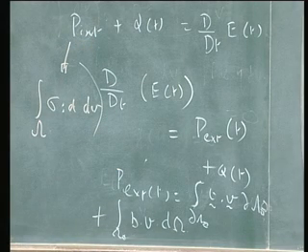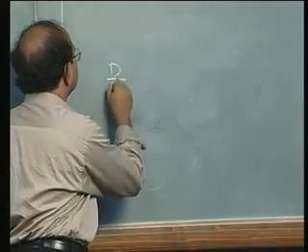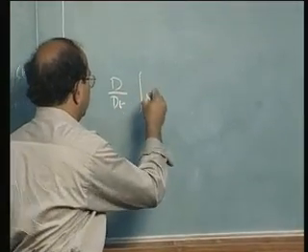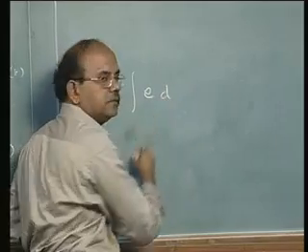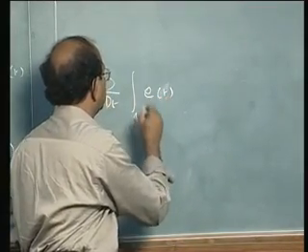First let us write this down: E in terms of d by dt. Whatever E is a specific, if you want you can write that as integral of E d omega.